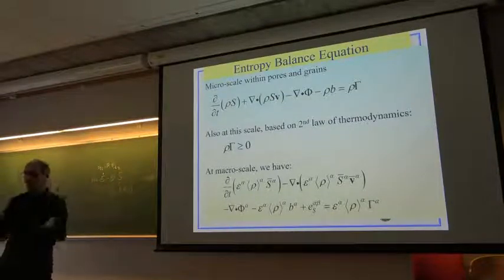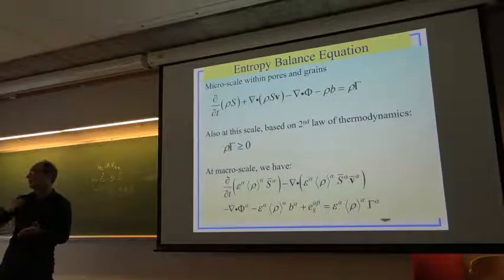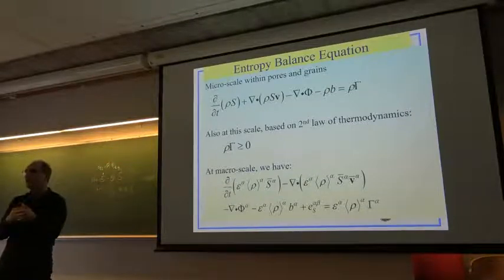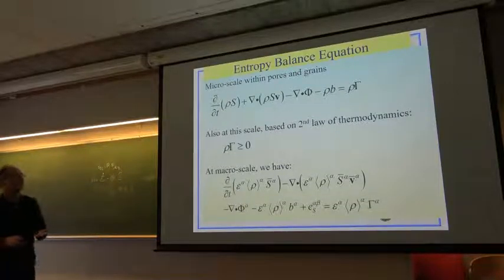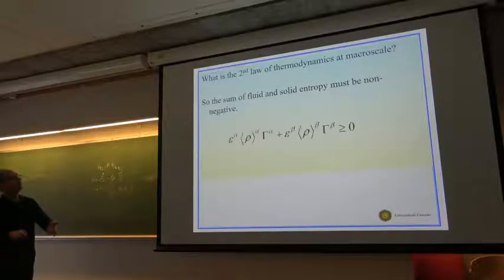But if you connect it to this outside world, it's possible that the refrigerator entropy goes down, but outside world entropy goes up, and the sum will still be non-negative. So when you have interacting media, it is not necessary for each of them to observe the second law of thermodynamics. This is also an experimental observation. So what we then say here, we cannot impose this when we go to the larger scale. At the larger scale is the sum of the two entropy production rates that must be non-negative.